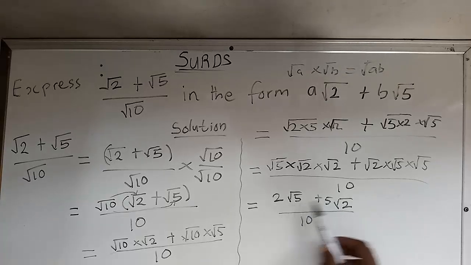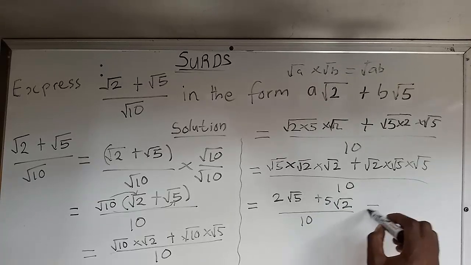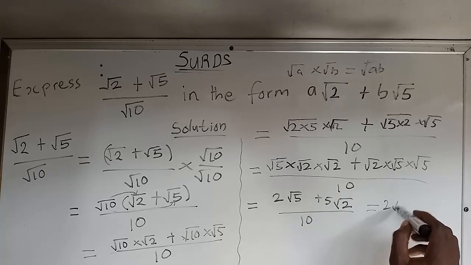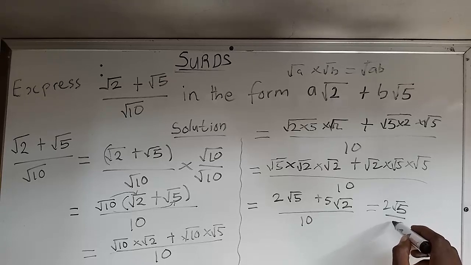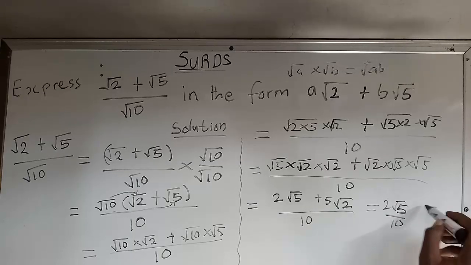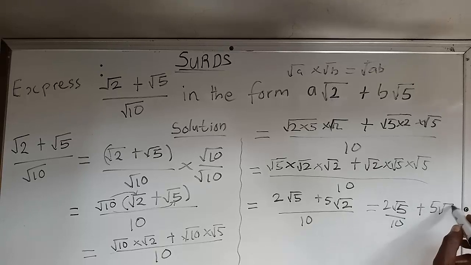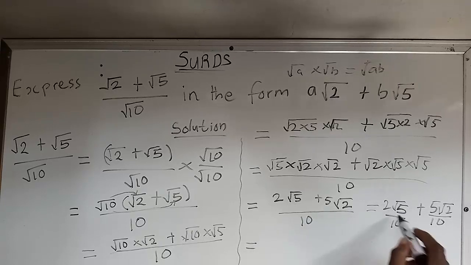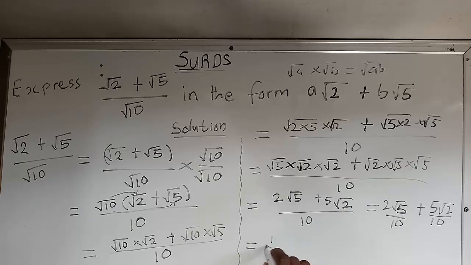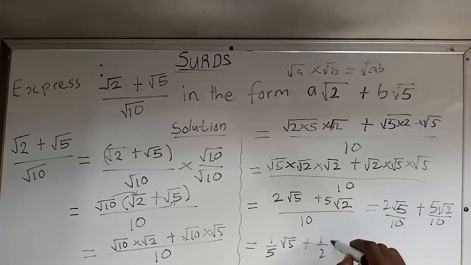So now we split the numerators to get 2 root 5 over 10, then plus 5 root 2 over 10. So this will simplify: 2 goes here 1, 2 goes here 5. So 1 over 5 root 5, then plus 1 over 2, 5 goes here 1, 5 goes here 2, 1 over 2 root 2.